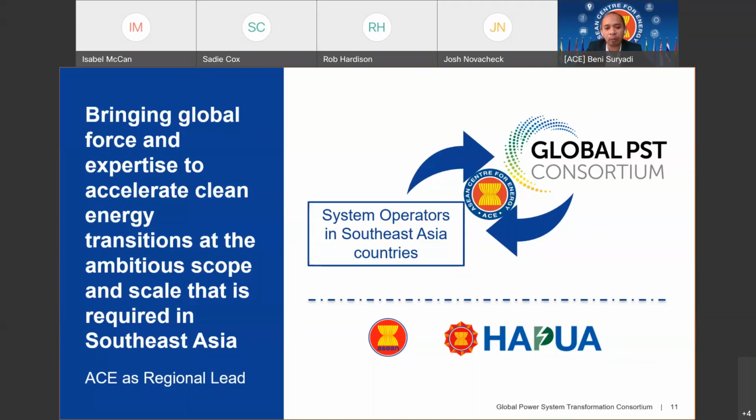We are bridging it with the various system operators in the Southeast Asian countries, to HAPUA, the Heads of ASEAN Power Utilities and Authorities, the recognized electricity organization in the Southeast Asia region, in which PLN and EVN are also members, and of course to the government, to the policy makers from all of the 10 countries in this region.